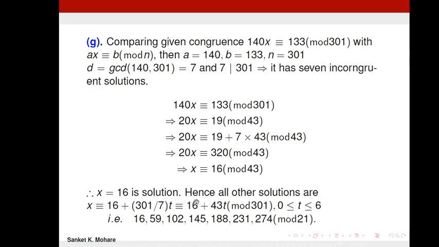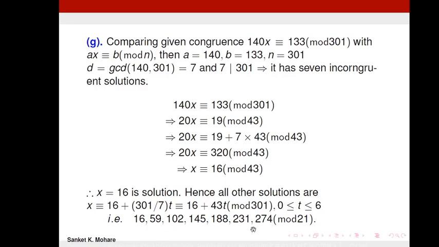For t equal to 0, in this equation put t equal to 0, I get x equal to 16. For t equal to 1, I get 59. For t equal to 2, I get the value of x as 102, and so on. For t equal to 6, I get the value of x equal to 274.